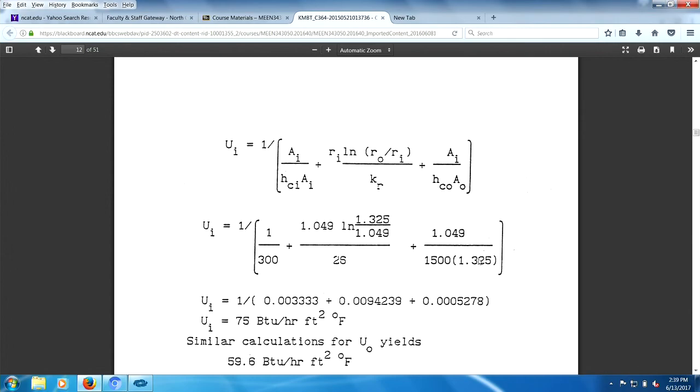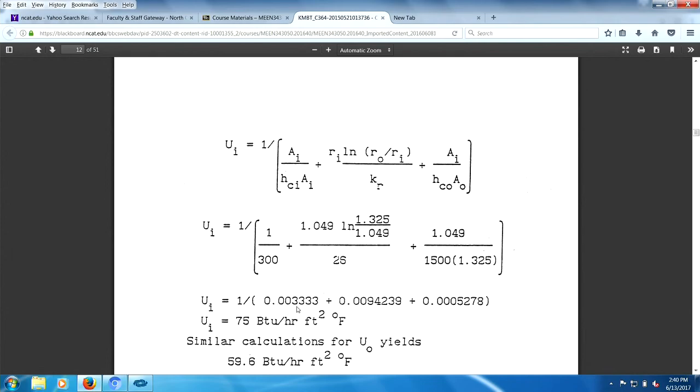So the condensing steam doesn't really control much. I can make all kinds of changes in the steam side, and the effects would be very modest. However, if I take a look at the conduction part, the conduction part of the heat transfer is a fairly large number. So this is perhaps a controlling heat transfer coefficient, conduction.